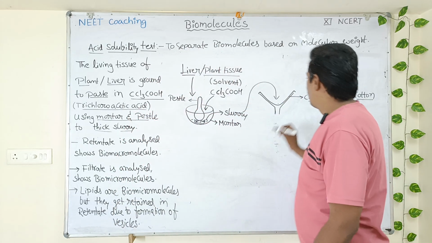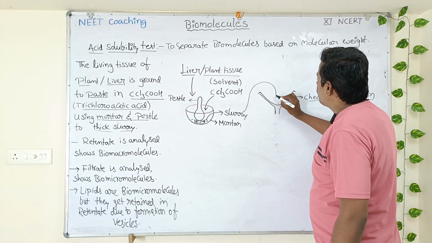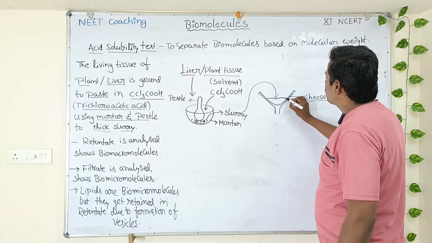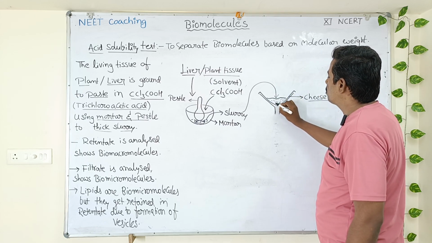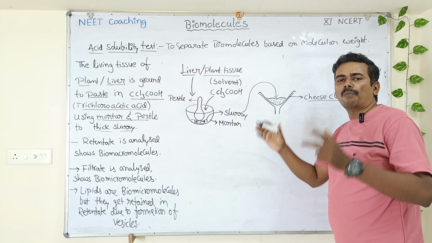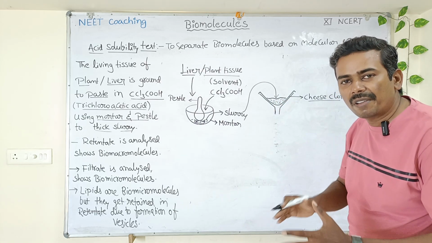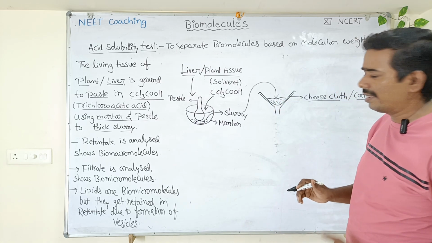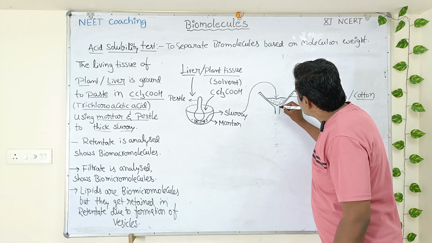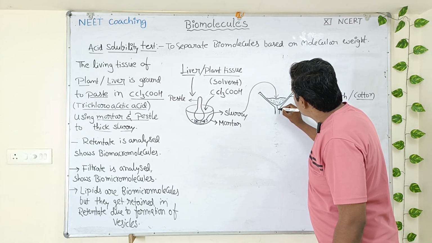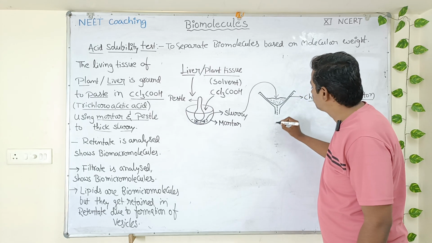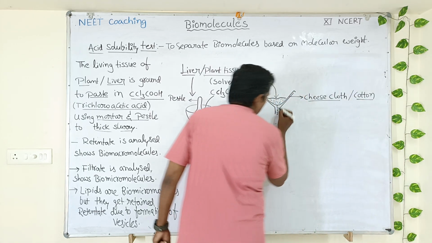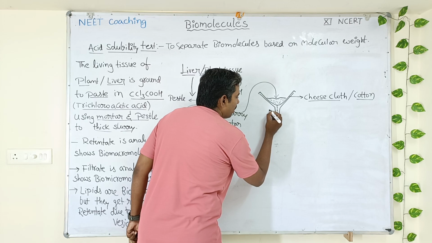Now look here. Once we transfer our slurry, what happens? In the slurry there is trichloroacetic acid solvent, and a number of molecules which are already dissolved in it. The trichloroacetic acid solvent starts to drip through the cheesecloth, and this filtrate we are collecting in a beaker.